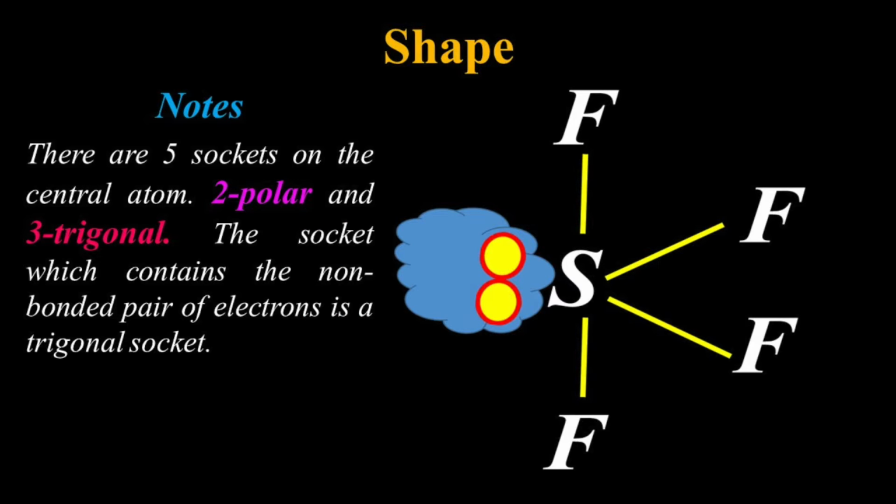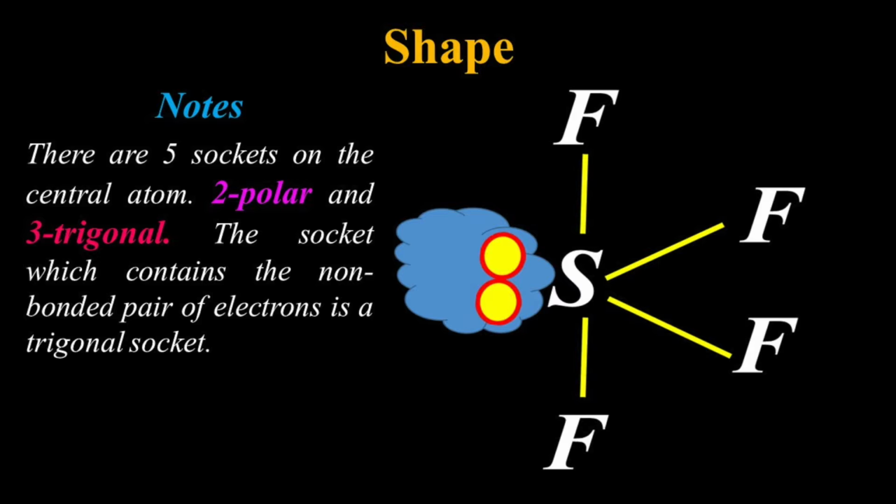But first, let's take a look at this note. It says there are 5 sockets on the central atom, 2 polar, 3 trigonal. The socket which contains the non-bonded pair of electrons is a trigonal socket.